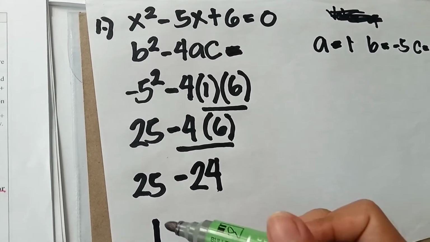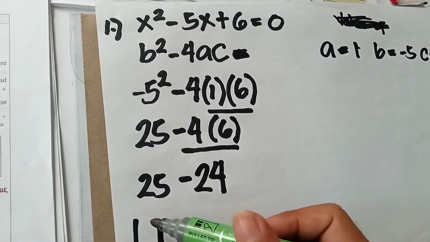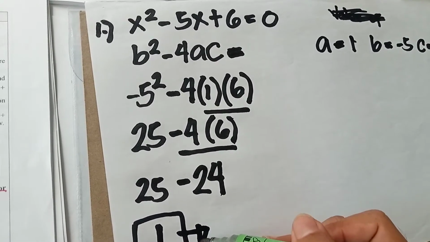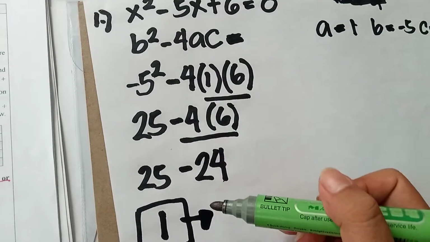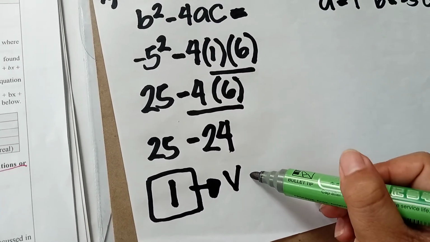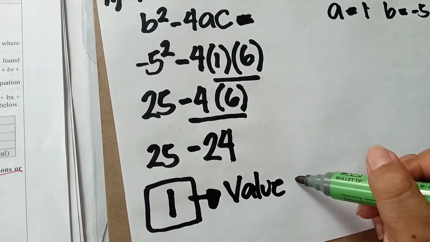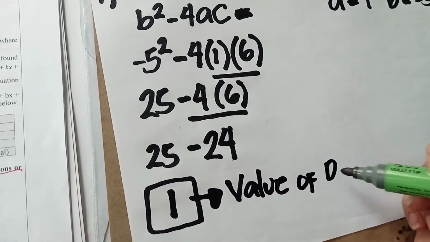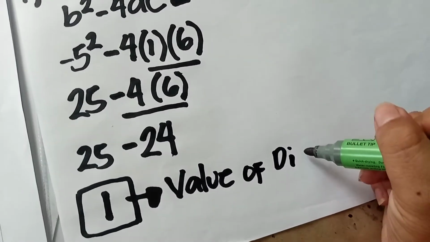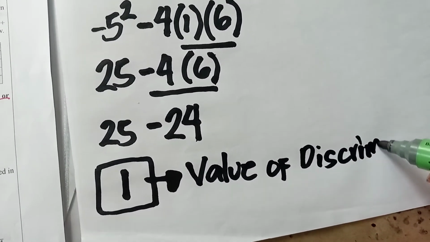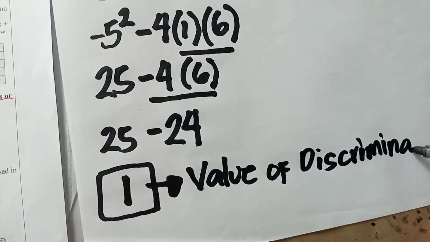So 1. So this is now our final answer, which is the value of discriminant.